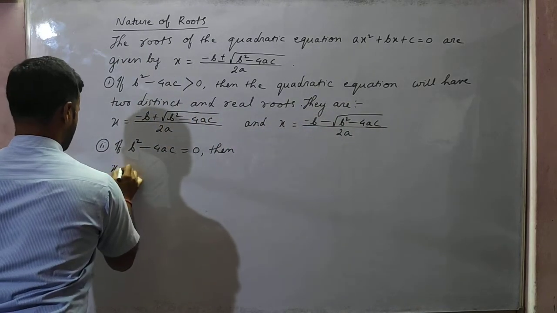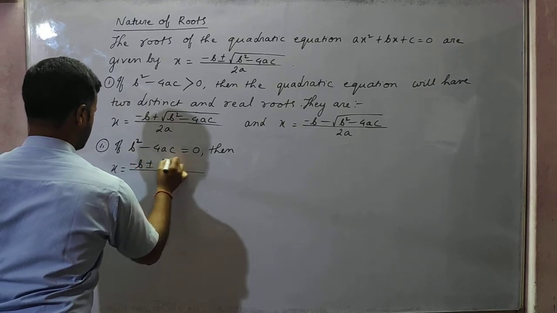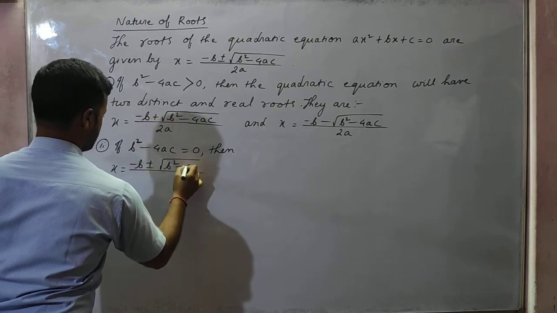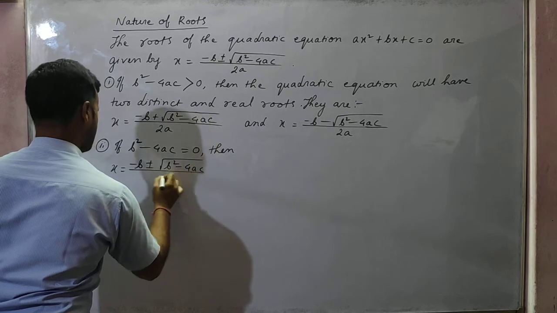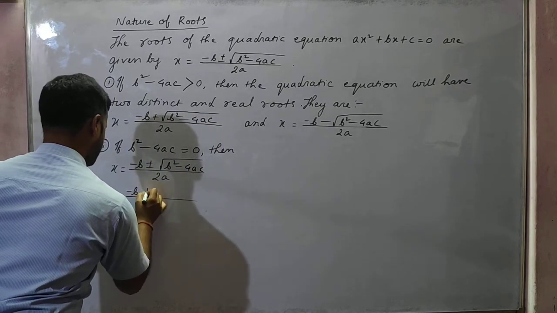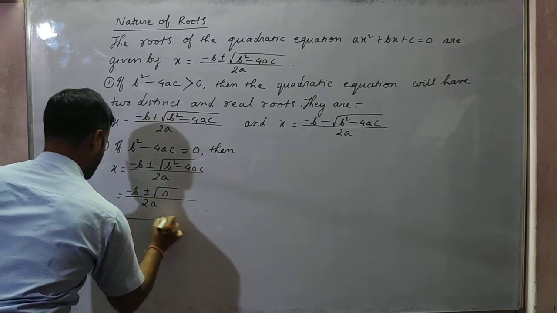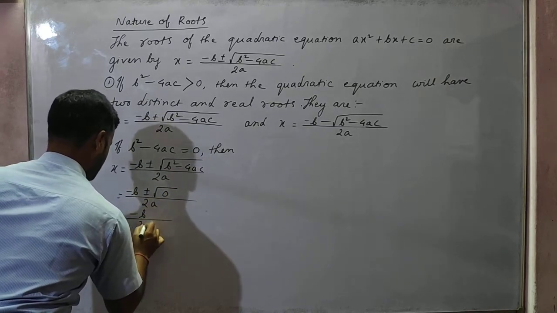Then x is equal to minus b plus minus root over b square minus 4ac by 2a, minus b plus minus root over 0 by 2a, minus b by 2a.